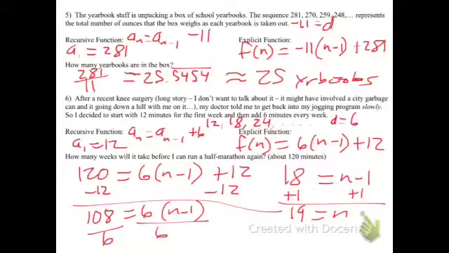Well, you don't count the first week. And so I need to take away 1 here for it to correspond to how many weeks it takes for me to get up to the 120 minutes there, okay? So it's going to take 18 weeks because I had to shift over 1.